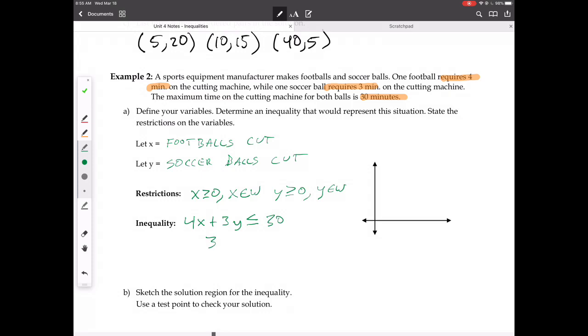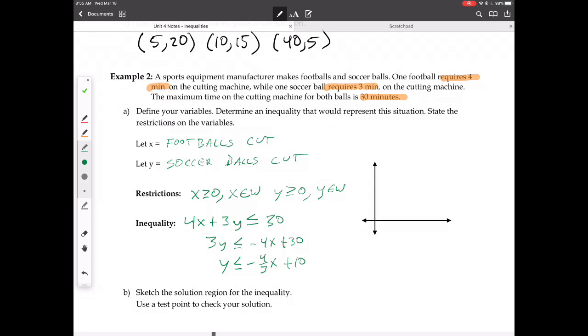I'm going to isolate y, and I'm going to say that 3y has to be less than or equal to negative 4x plus 30, or y has to be less than or equal to negative 4/3 x plus 10.